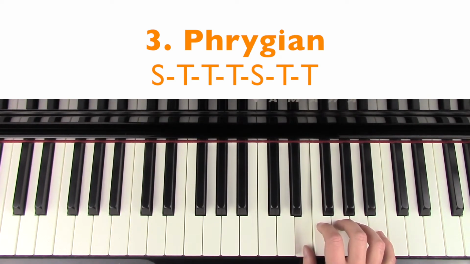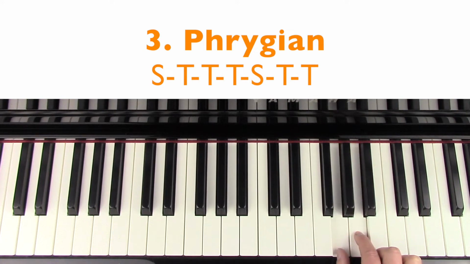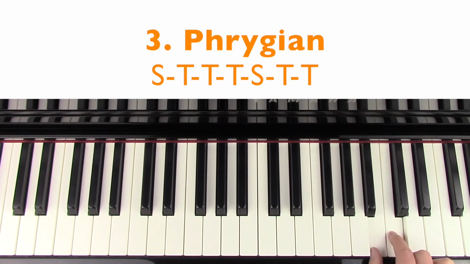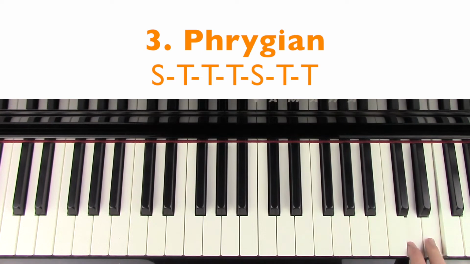The sound of this scale is more synonymous with the gypsy flamenco type scale. The combination of tones and semitones to create a Phrygian scale is semitone, tone, tone, tone, semitone, tone, tone.